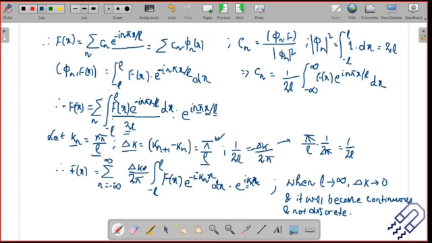Please note, this is the function we have: C n e to the power minus i n pi x divided by L. This is also minus. That does not harm this. The other one will be plus, it will become 1. Not a problem. So please make sure this is minus.